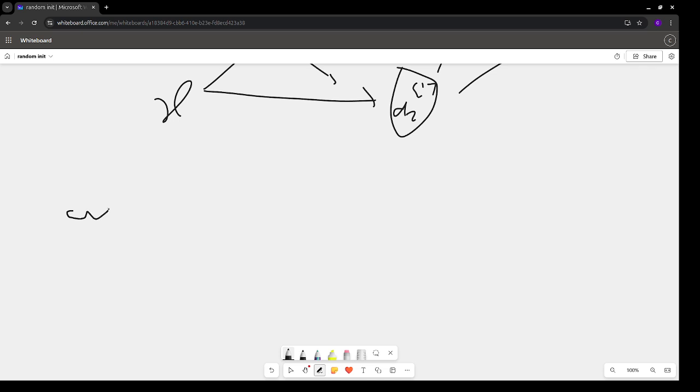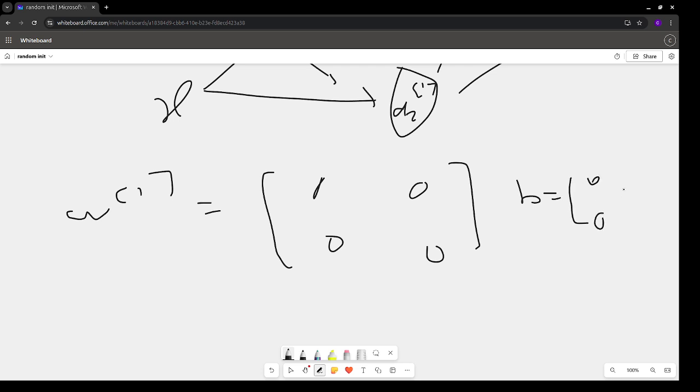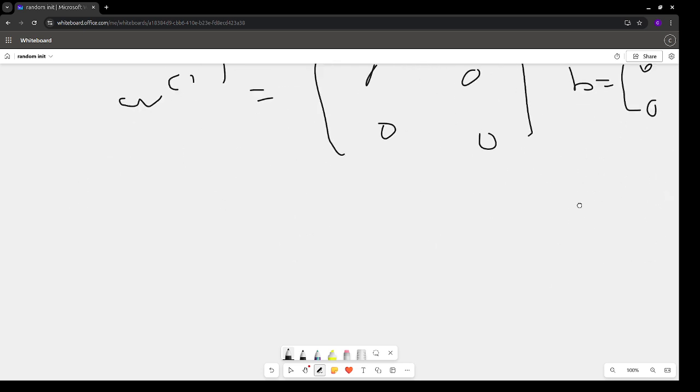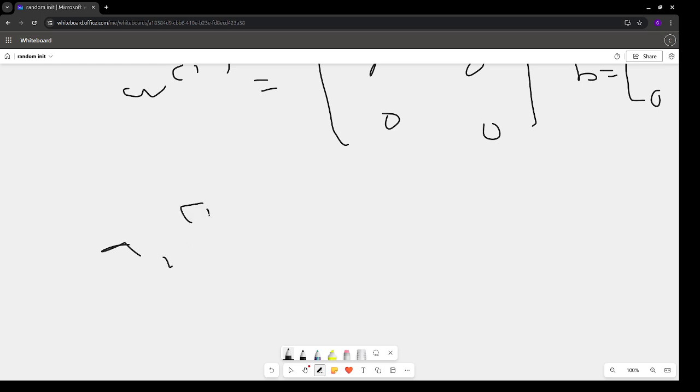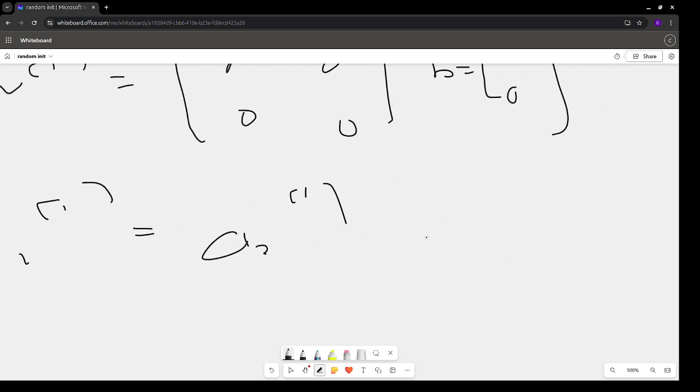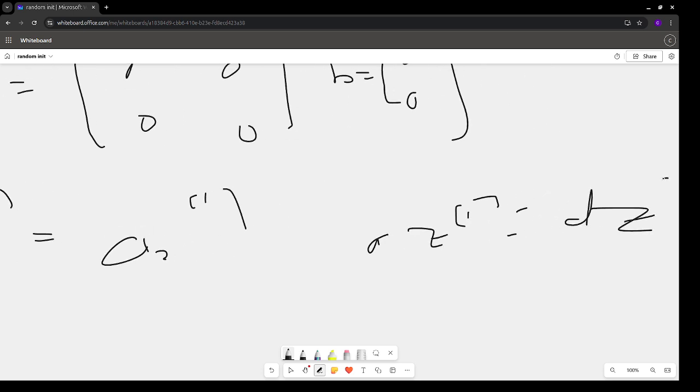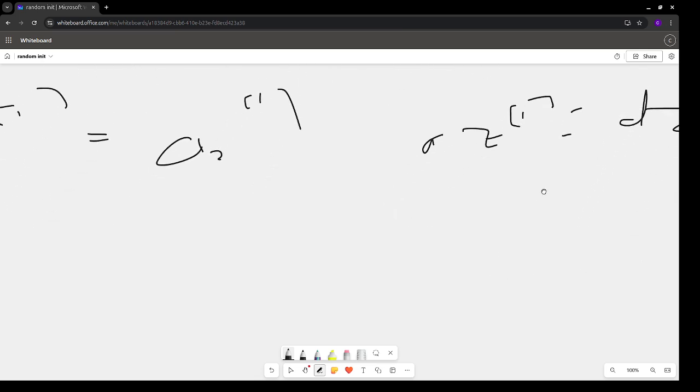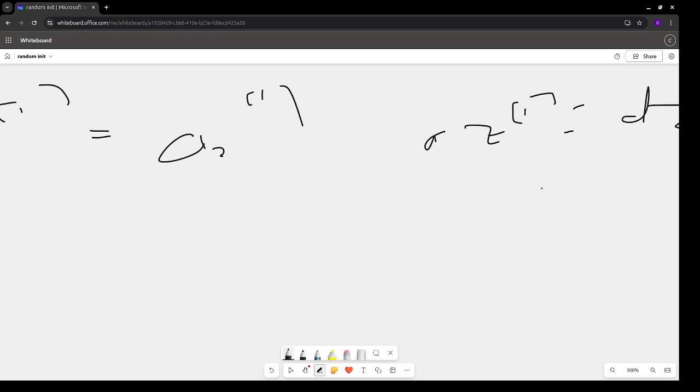We're going to have w1 equal to 0, 0, and b1 equal to 0, 0, because these things are similar, right? So a1 of 1 is equal to a2 of 1, and dz of 1 is equal to dz of 2. Proved by induction, after two iterations things are still the same, so that's what it is.